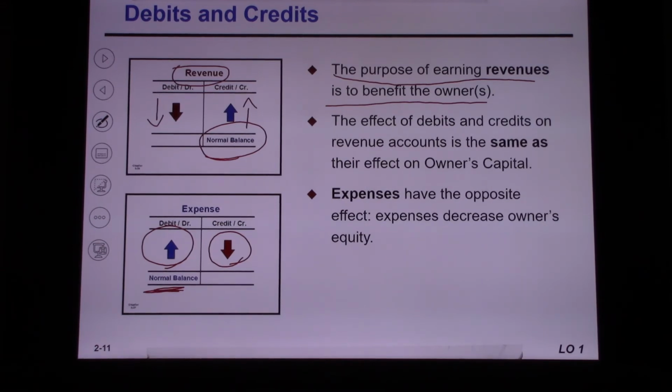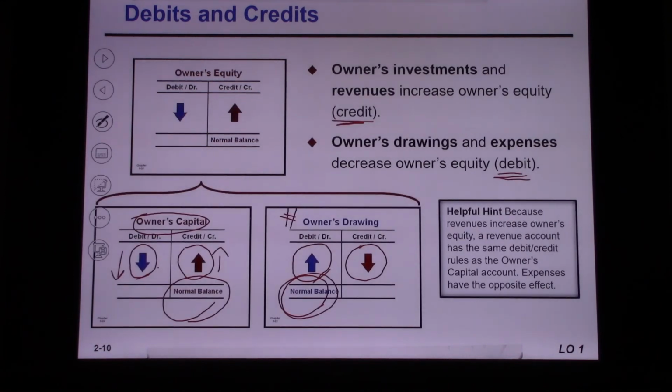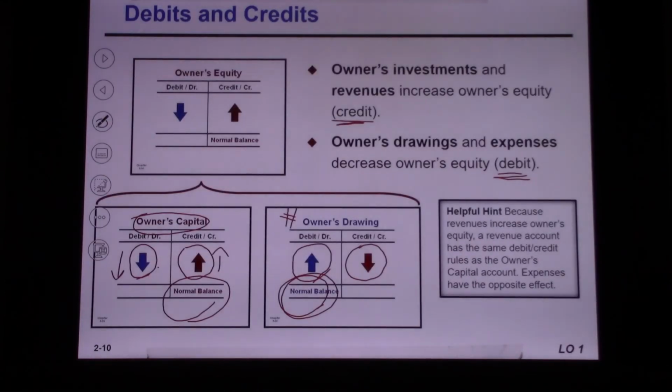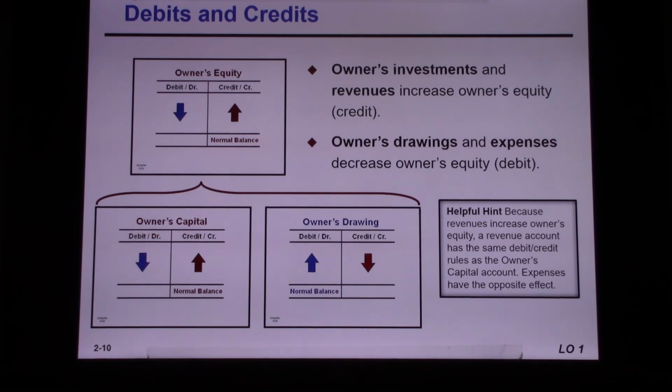So again, it's very important to memorize these rules very well. First, assets increase in the debit side and decrease in the credit side. The opposite occurs for liability: liabilities increase in the credit side and decrease in the debit side. Then we have owner's capital, which increases in the credit side. Owner's drawing, the opposite, increases in the debit side.